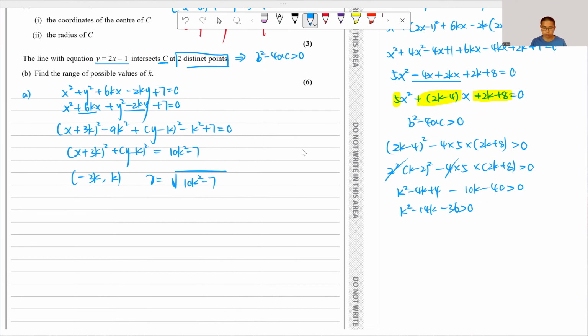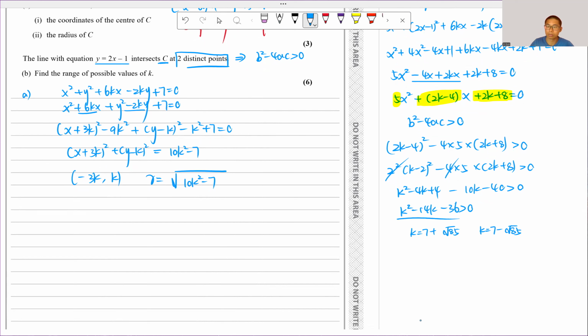So first, we have 1, −14, −36. And then the roots would be 7 plus root 85 and 7 minus root 85.